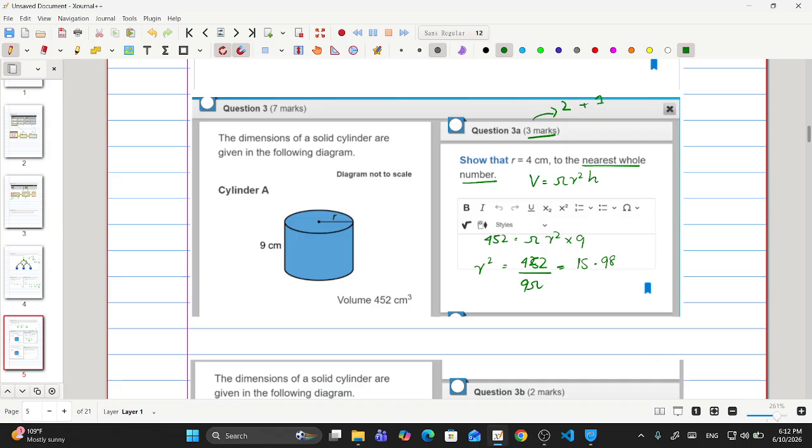But considering that this is basically r square, we have to find the value of r. So r equals the square root of 15.98, which becomes 3.99. So this can be rounded off to 4. So this is exactly the 3 marks that all of you need.